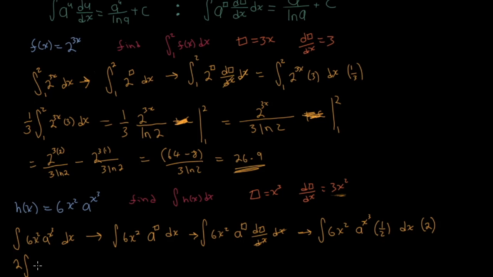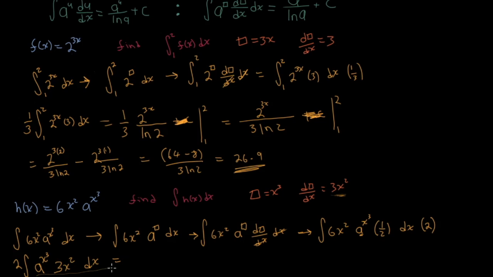But I'm going to write this first: a to the x cubed, that's this right here. And then these two together are going to be 3x squared dx.